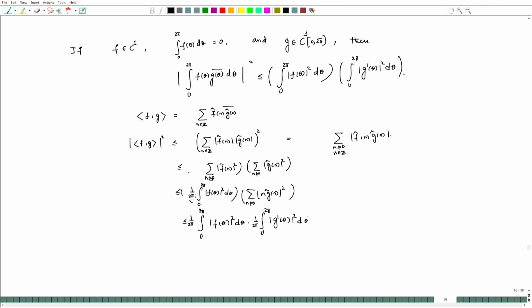That is what it is. It is a clever way of getting this, because we do not have any estimate over g prime. What we need to know is that, by the Parseval identity, the L2 norm of g prime is given by the sum of n times g hat of n, squared. So, we work from the Fourier transform side by using the fact that f hat of 0 is equal to 0, because we do not have any information about g hat of 0.